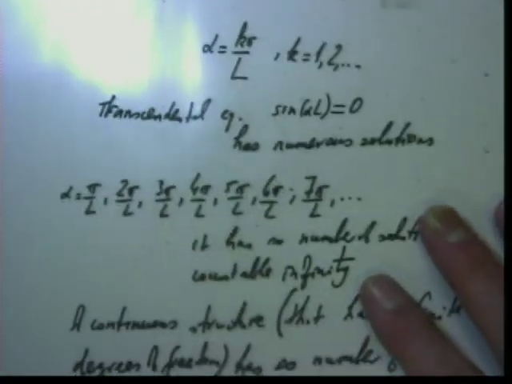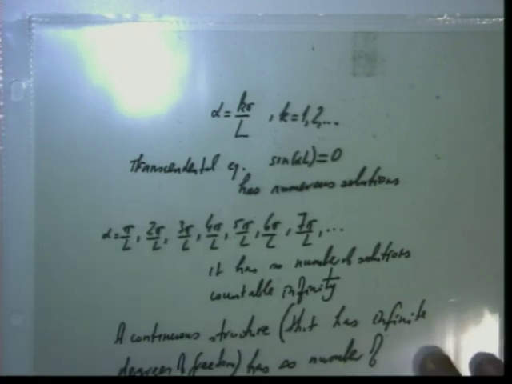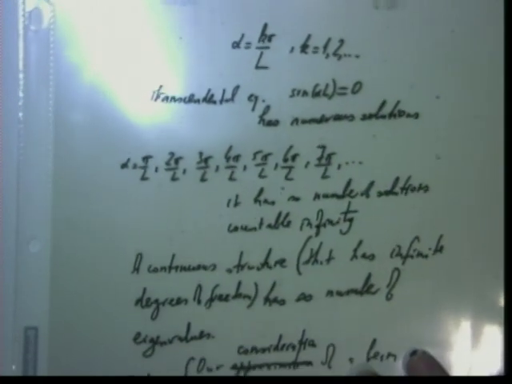Okay, so we said that alpha equals k pi over L. They are roots of a transcendental equation. So alpha equals k pi over L, so it's pi over L, or 2 pi over L, 3 pi over L, etc. It has an infinite number of solutions.